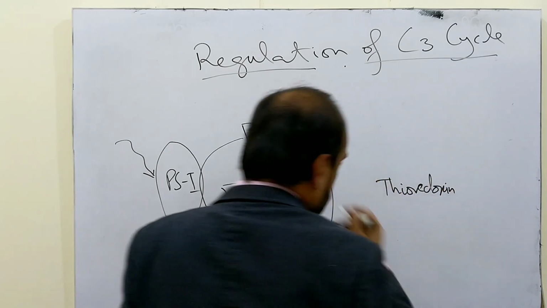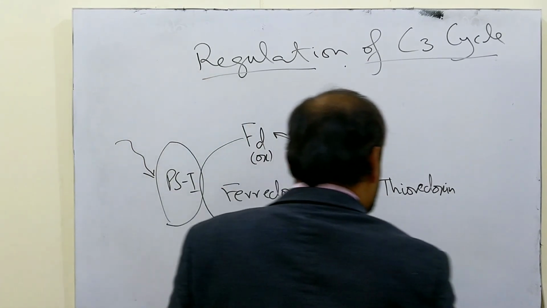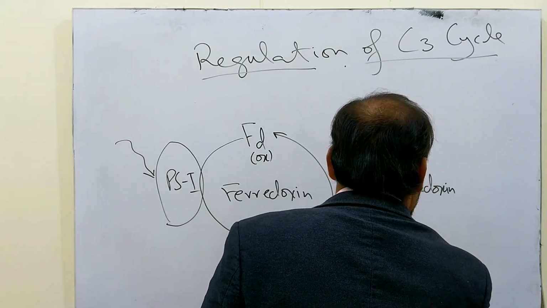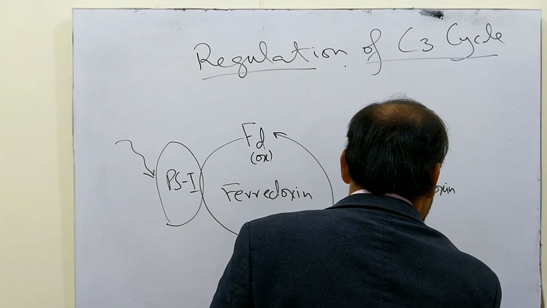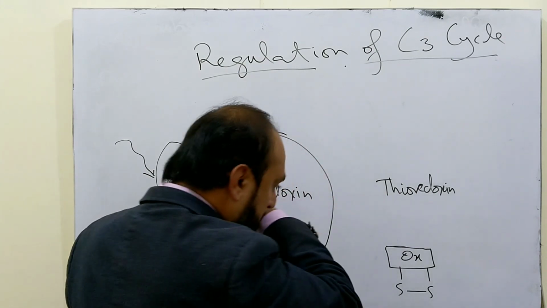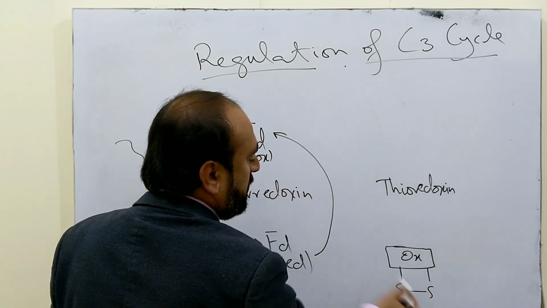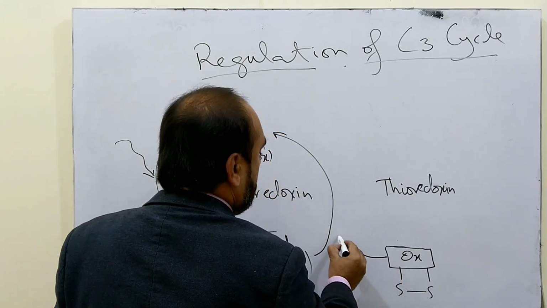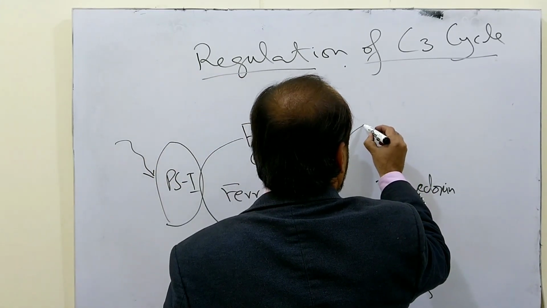There is another small iron sulfur protein called thioredoxin. So here we have oxidized form of thioredoxin, and ferredoxin can transfer its electrons to thioredoxin, and on transfer of its electron, this thioredoxin is reduced.